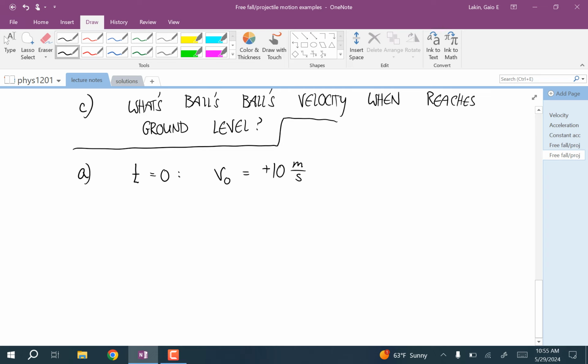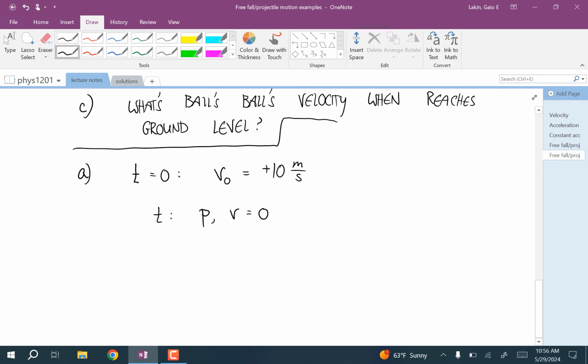And then for our time t, we want to calculate the position. We don't know what that is. We do know that the velocity when it reaches the highest point is 0.